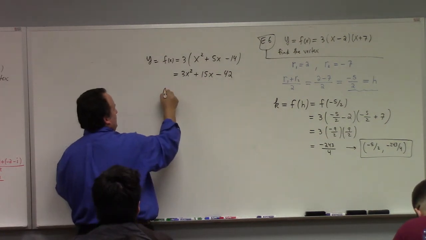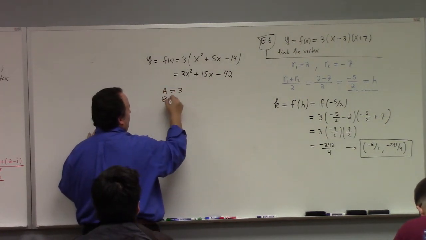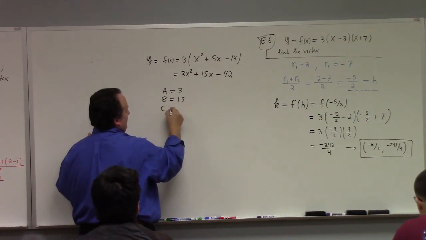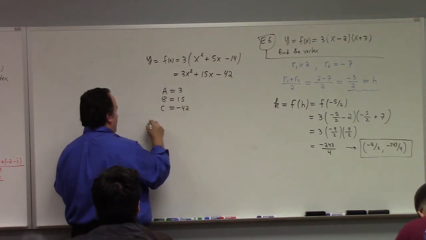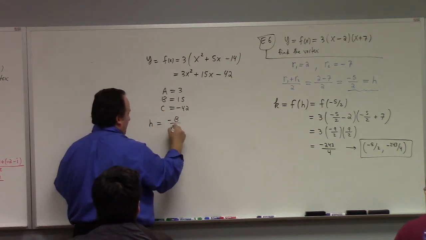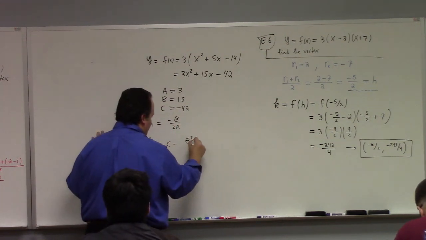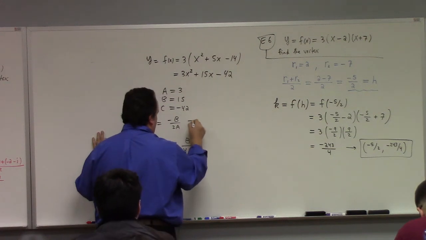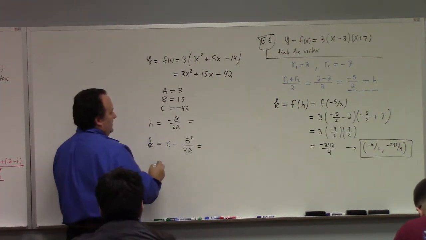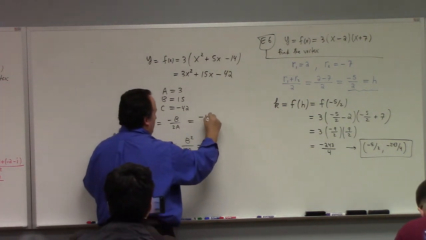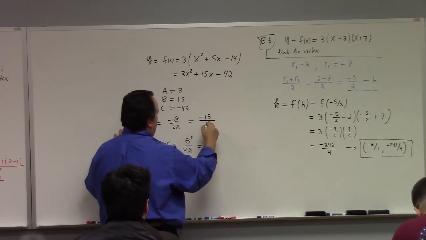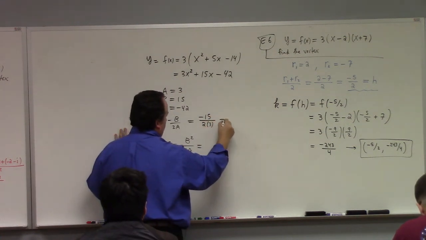So recognize a equals 3, b equals 15, c equals minus 42, h equals minus b over 2a, k equals c minus b squared over 4a. Do the math. You got yourself a minus 15 over 2 times 3, right?